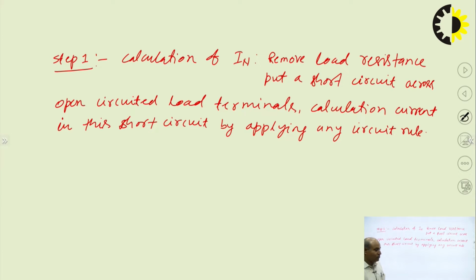So how to calculate the current in the short circuit or Norton's equivalent current? We remove the load, put a short circuit across the open circuited terminals of the load, and we will calculate the current in this short circuit by applying any rules of the circuit. Any rules of the circuit means you can apply nodal analysis, you can apply mesh analysis, you can apply KVL, you can apply KCL to calculate the value of current, and these circuit rules you have already gone through.